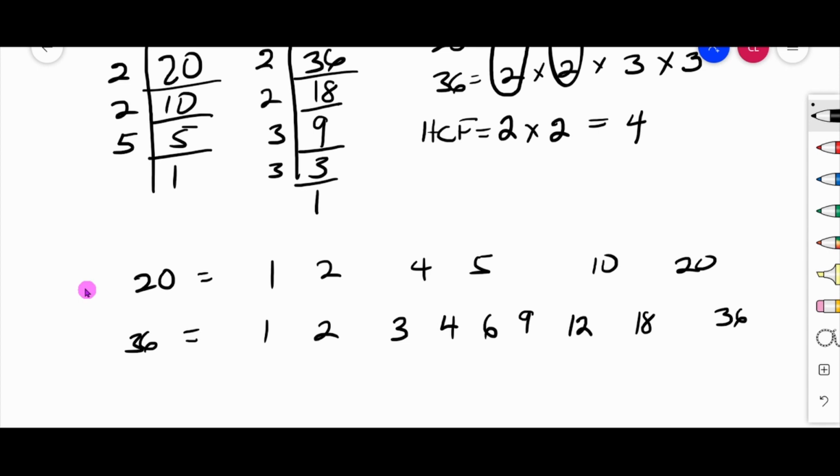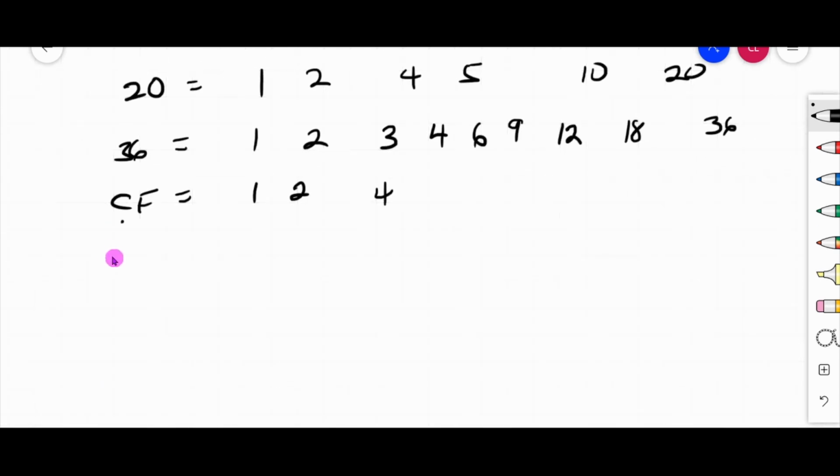Okay, let's look at the common factors first. The common factors would be 1, 2, 4. We don't have any other that's common, and the highest common factor in this setup is actually 4.